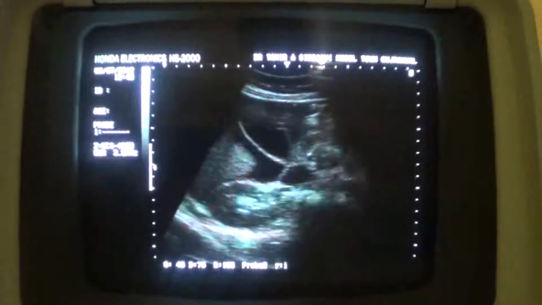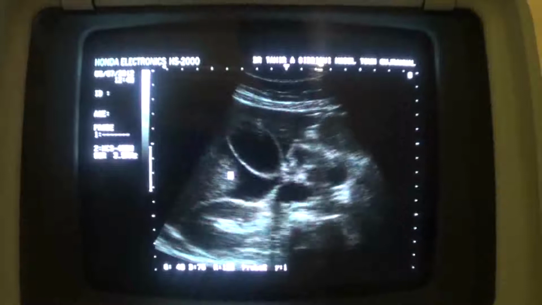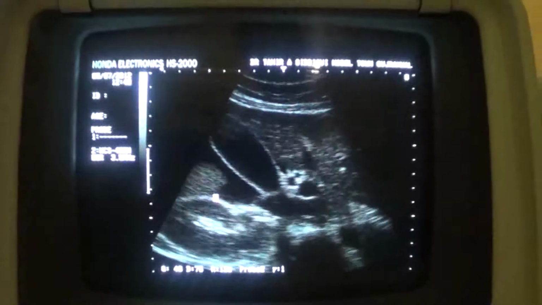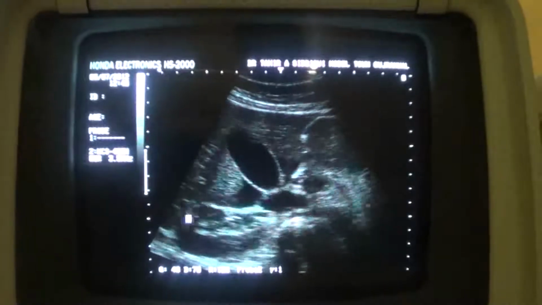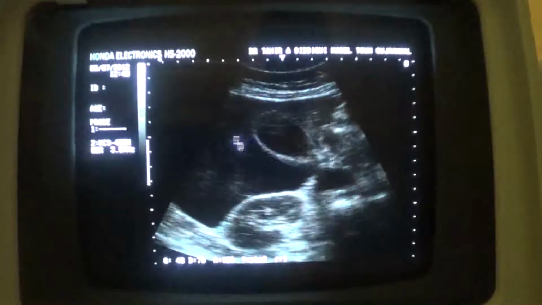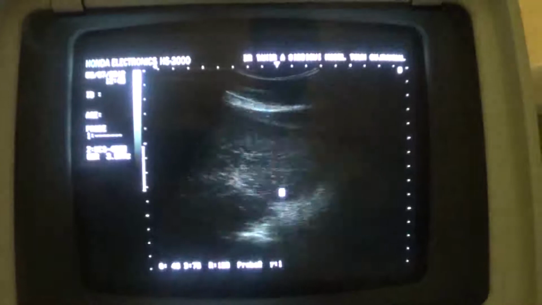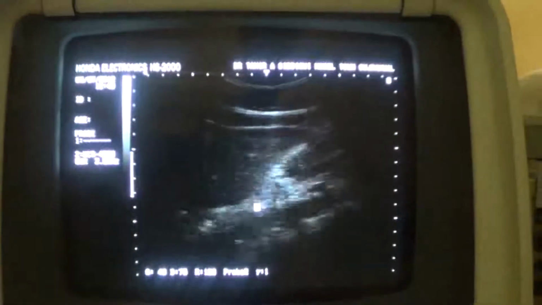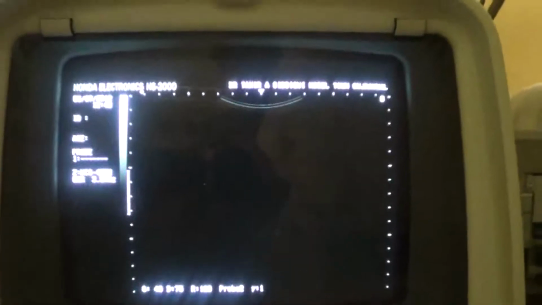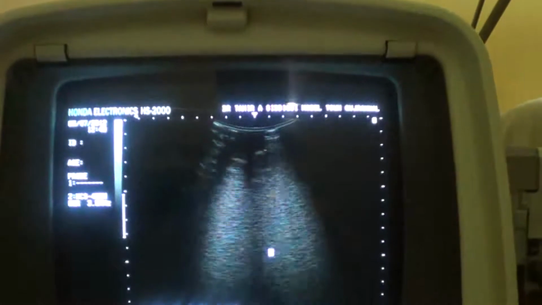This is the transverse section. This is the liver. This area, this is the gallbladder. This is the transverse section of the right kidney, and this is the fluid. This is our fluid in Morison's pouch. However, no fluid is seen surrounding the anterior surface of the liver.